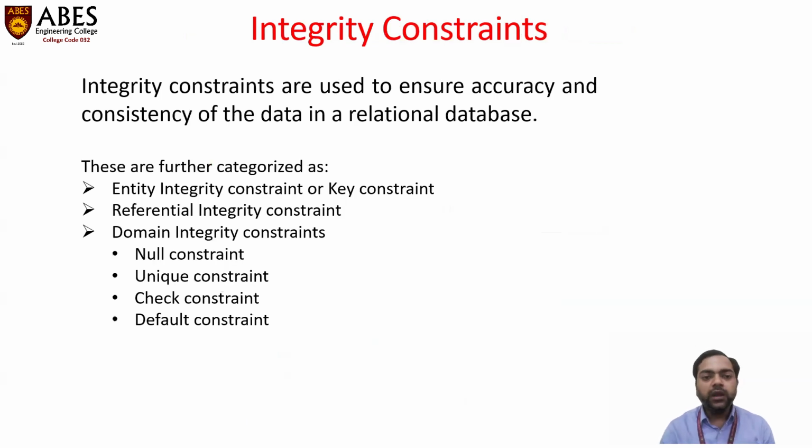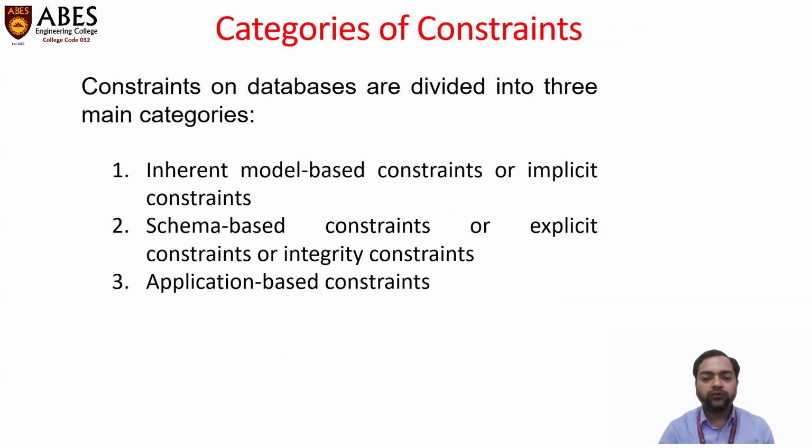Now, the second type of constraints are integrity constraints. We have three types of constraints: inherent model based or implicit, and now we'll see schema based or explicit constraints, or integrity constraints.